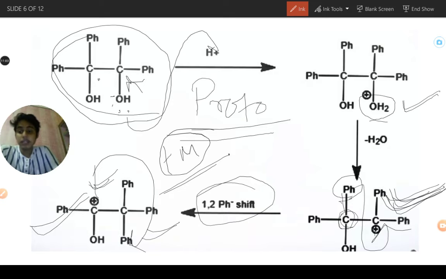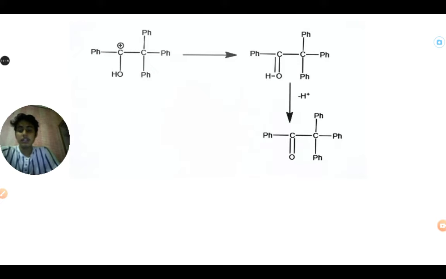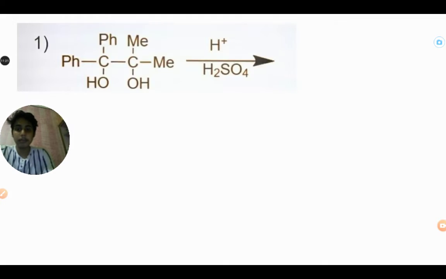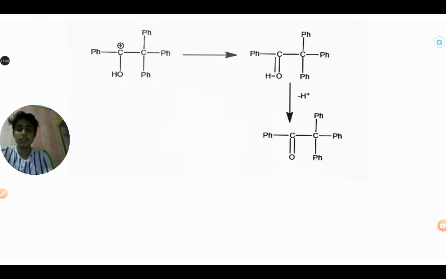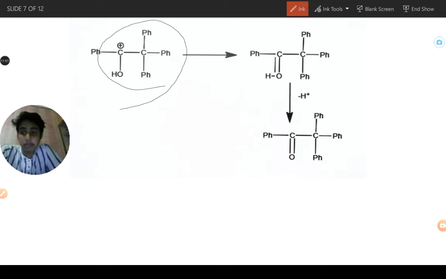So next we are going to see what happens after that. Now the H plus will be removed, so deprotonation will occur. Let's see how deprotonation occurs. Now see, this is the compound, with the carbocation stabilized also by plus M effect.